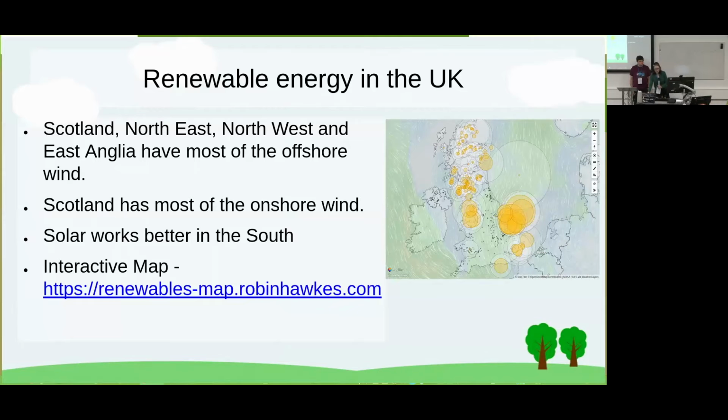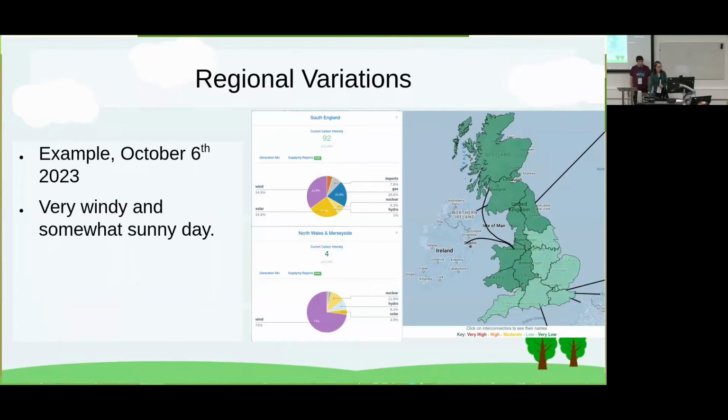And we'll go on to some slides here that are just going to point out differences in carbon intensity. This is an example from October last year, which was a day that was somewhat sunny, but very windy. Windy, sunny days are great for renewable use. If we look at the map here, this darker green indicates a very low carbon intensity, and the lighter green low.